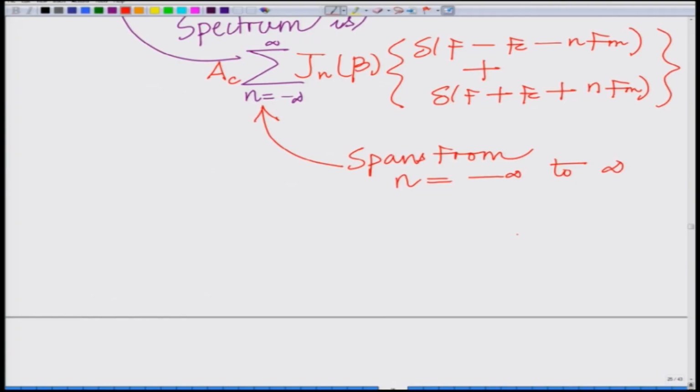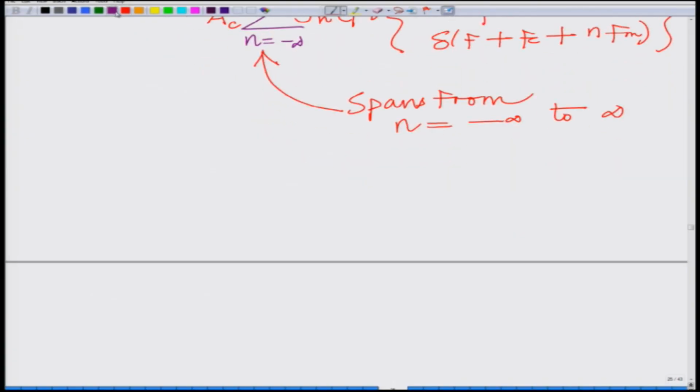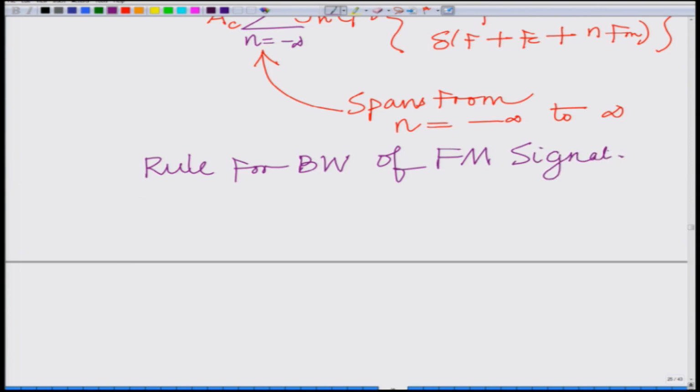So, we would like to find the rule for the bandwidth of an FM signal, and this rule which gives us the bandwidth of an FM signal is termed as Carson's rule.